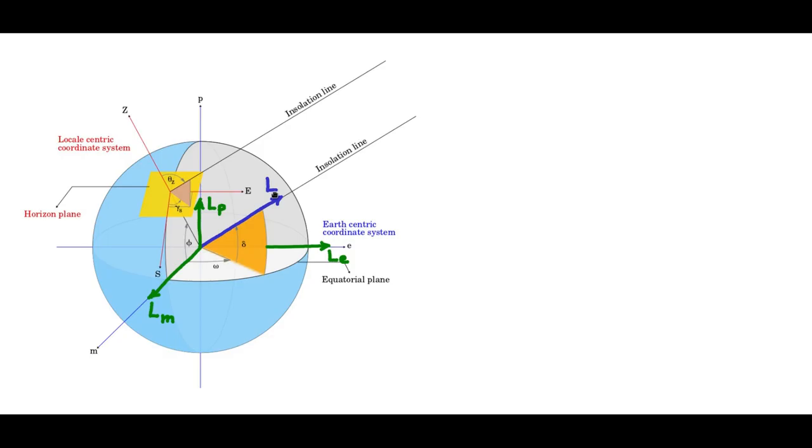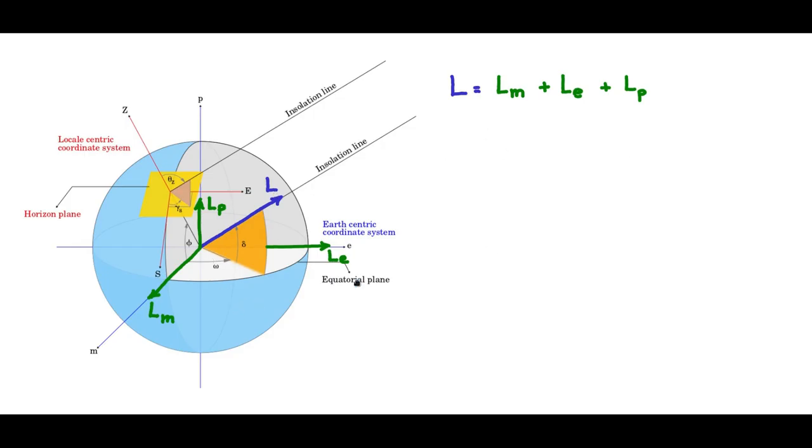And L, the insolation vector, is the vectorial sum of Lm along the meridional axis, Le along the east of the meridian axis, plus Lp along the polar axis.